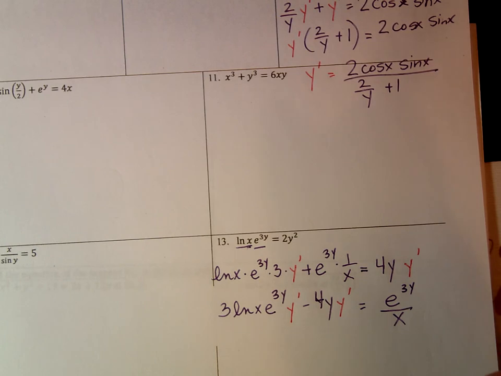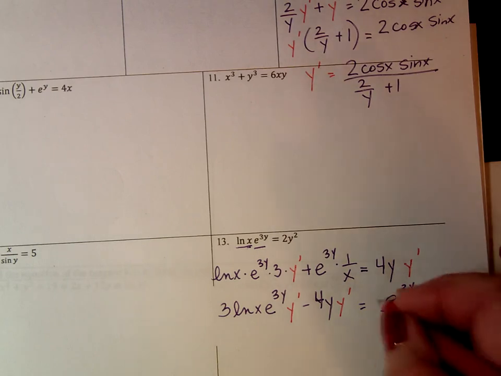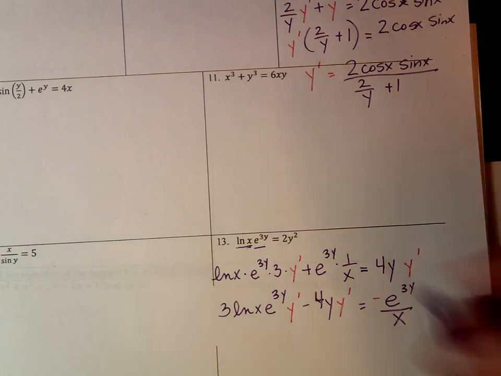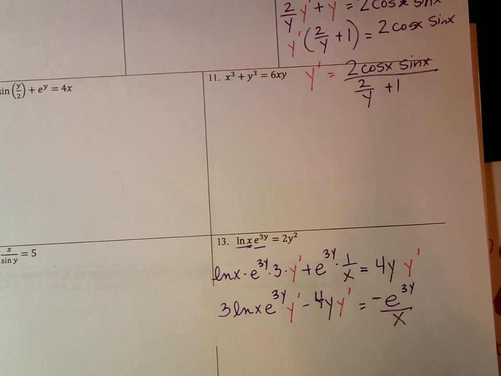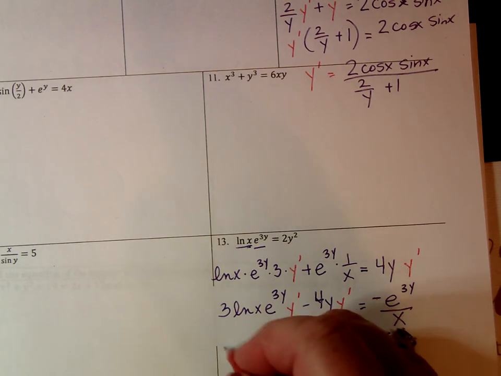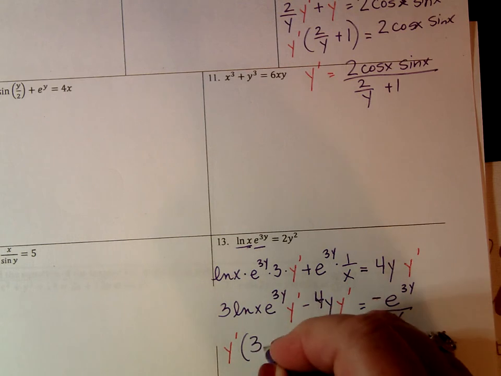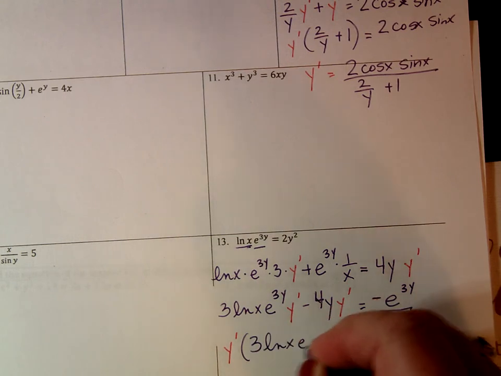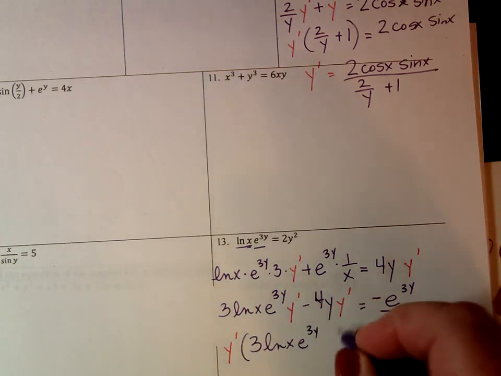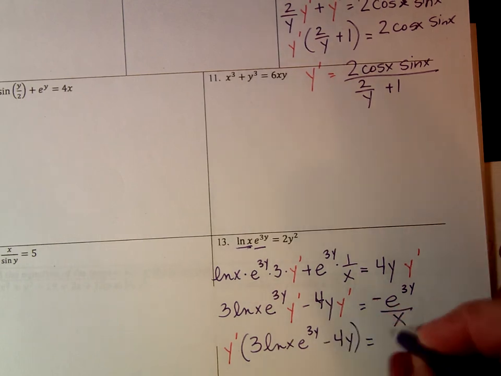And that should be negative, right? Negative on that guy. All right, y prime, factor it out. 3 ln of x e to the 3y minus 4y equals this same fraction, negative e to the 3y over x.